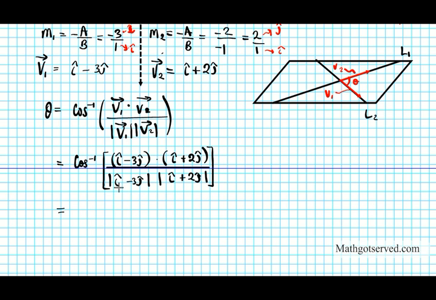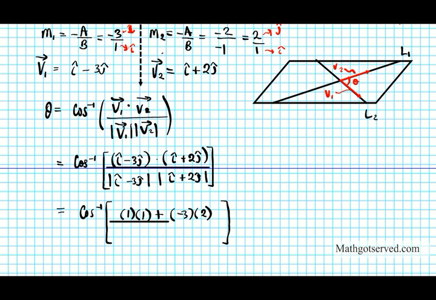To find the dot product of the numerator, we'll just multiply corresponding components and add the products. Okay? So, bracket again. i times i, we just multiply the coefficients of the components in each direction. So 1 times 1, plus the product of the y components, or the j components, is going to be negative 3 times positive 2. Okay? So that's the dot product of the numerator.